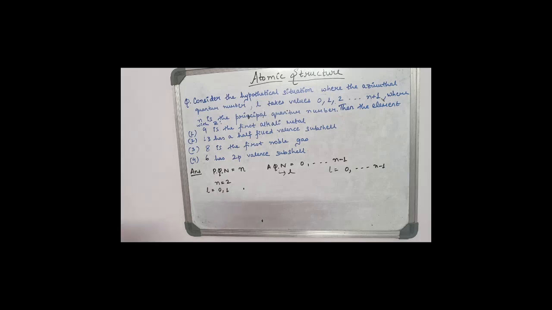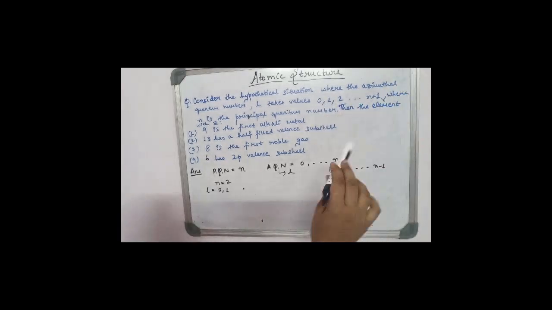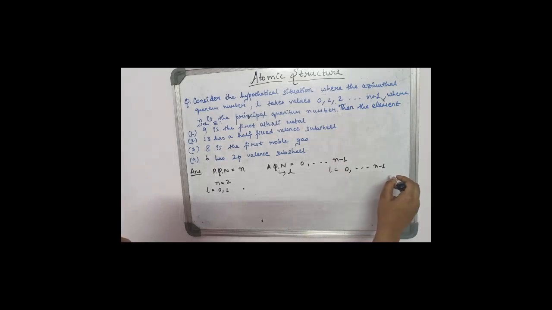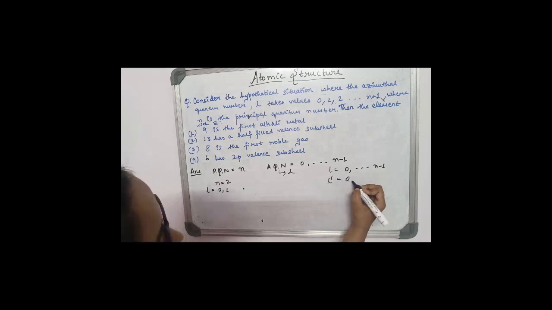But here we have been told that in this hypothetical situation, L takes the values of 0, 1, 2 to n plus 1. In the normal case, it was taking the values of 0 to n minus 1, but in the hypothetical state, that is L dash, it takes the values of 0 to n plus 1.